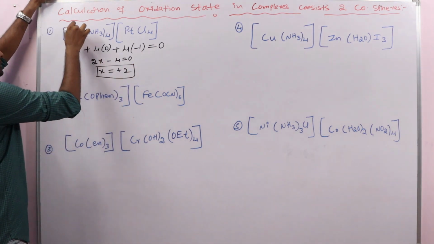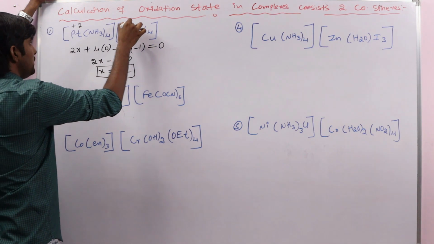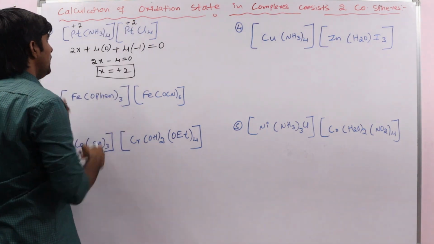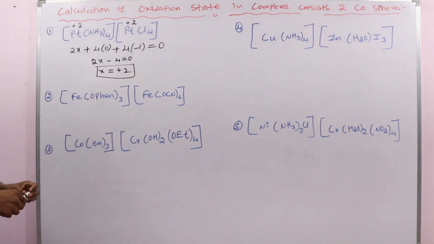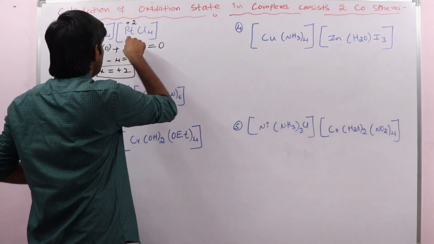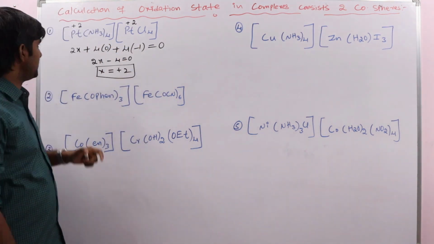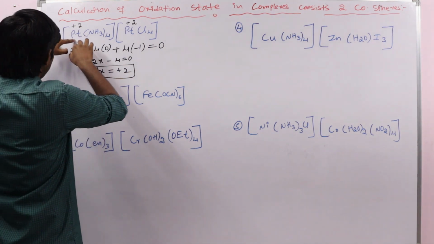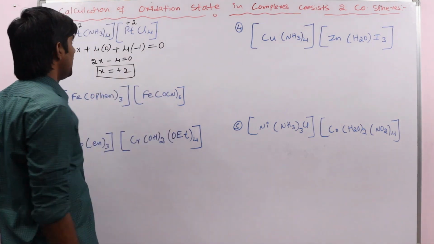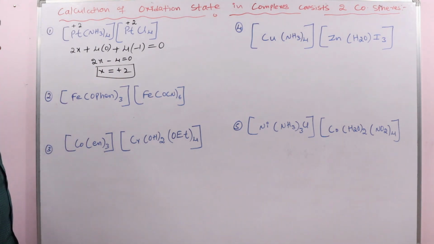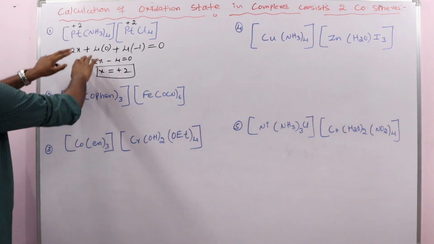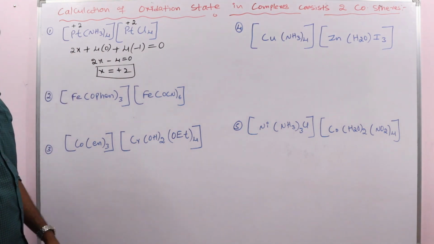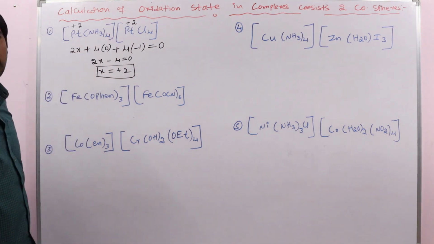So the oxidation state of this platinum is +2, and for this one it is also +2 only. Don't think that only this will have +4 oxidation state and this has 0, not like that. This one has +2 oxidation state, this also has +2, because this is one complex but with two coordination spheres.